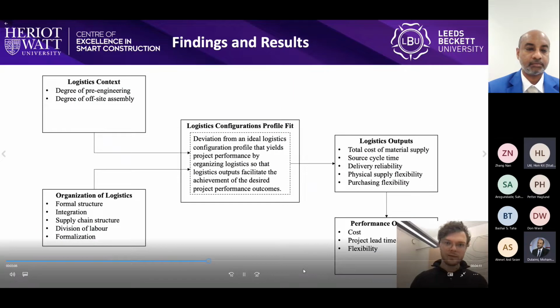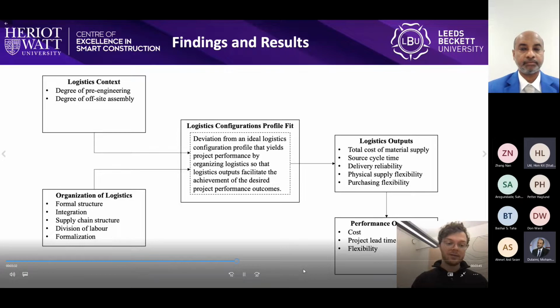Moving on to findings and results, the first step involved in developing the conceptual model was dividing configurations into the logistics context and the organization of logistics. And a match between their different aspects represents an ideal configuration, which is referred to here as profile fit.